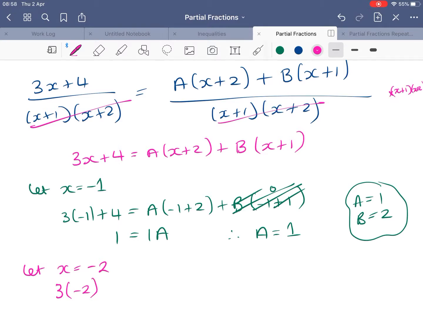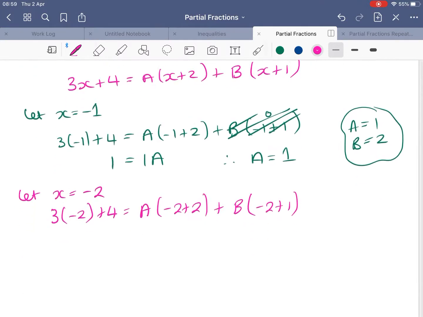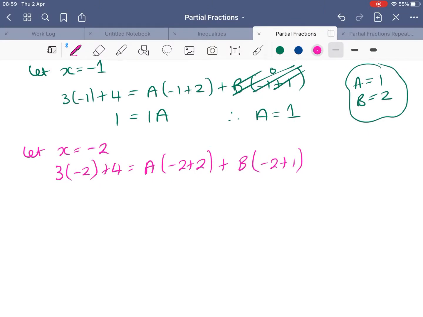So 3 lots of -2 plus 4 is equal to a bracket -2 plus 2 plus b bracket -2 plus 1. And again, I chose that number because if I look at that bracket next to the letter a, -2 add 2 makes 0. So now that one disappears. So that term has totally gone.